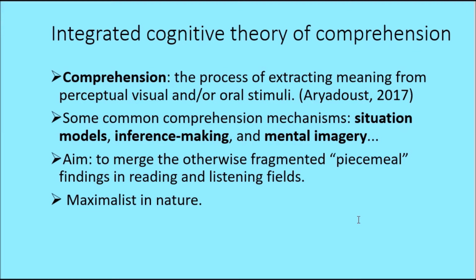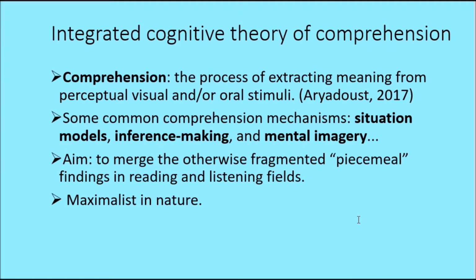Minimalists focus primarily on bottom-up processing or bottom-up comprehension, which I discussed in the previous videos. On the other hand, maximalists focus on both bottom-up and top-down processes, and they define listening or reading comprehension as the process of bottom-up or literal comprehension and top-down or inferential comprehension.